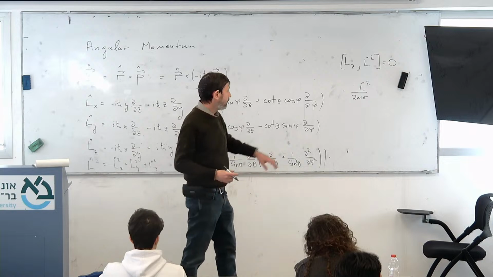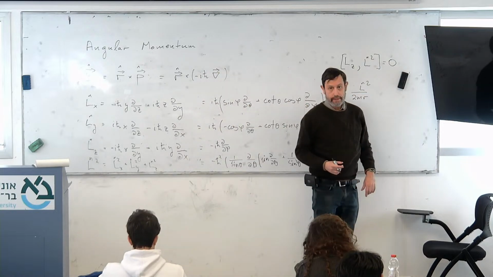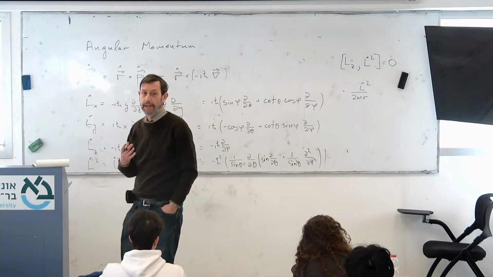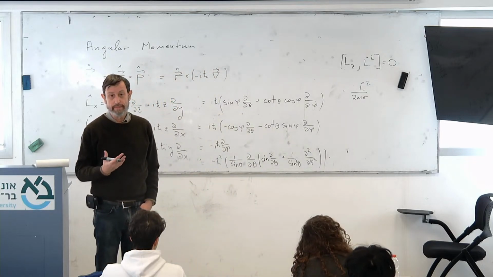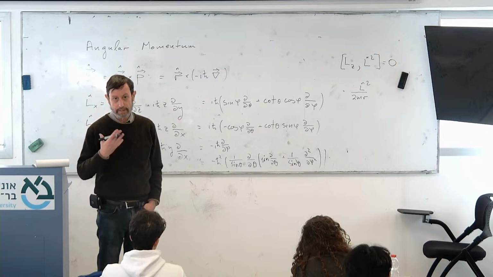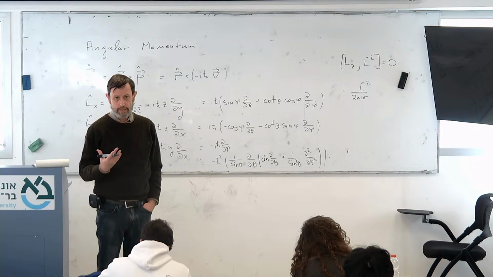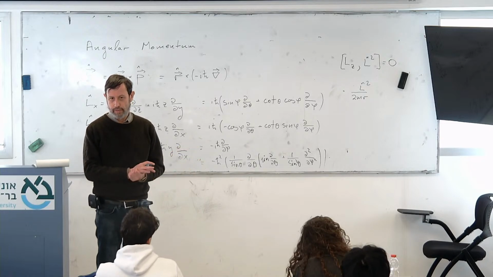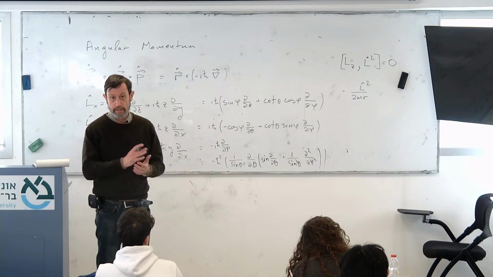So once I crack the eigenfunctions and eigenvalues of Lz and L squared, they are the same eigenfunctions, but not necessarily the same eigenvalues, I've solved this part of the solution to the Schrödinger equation.